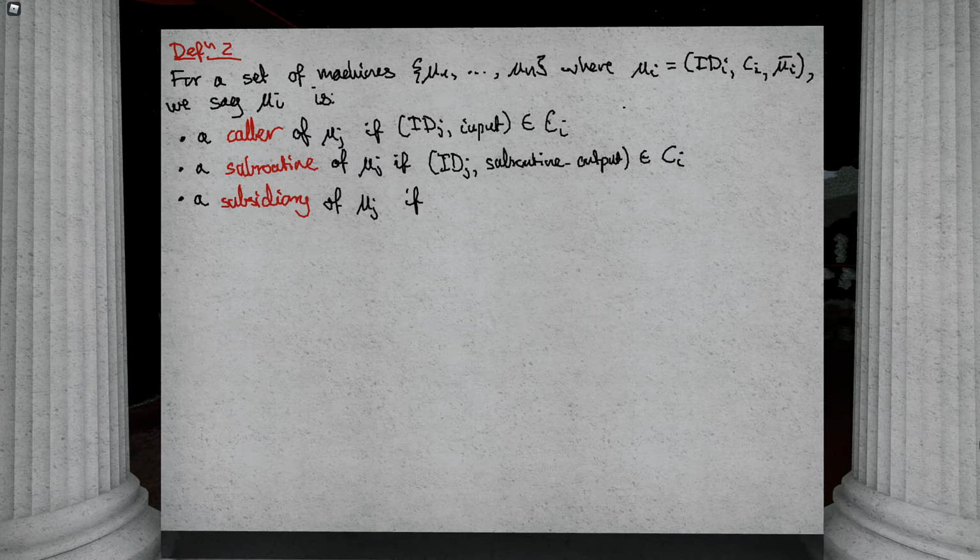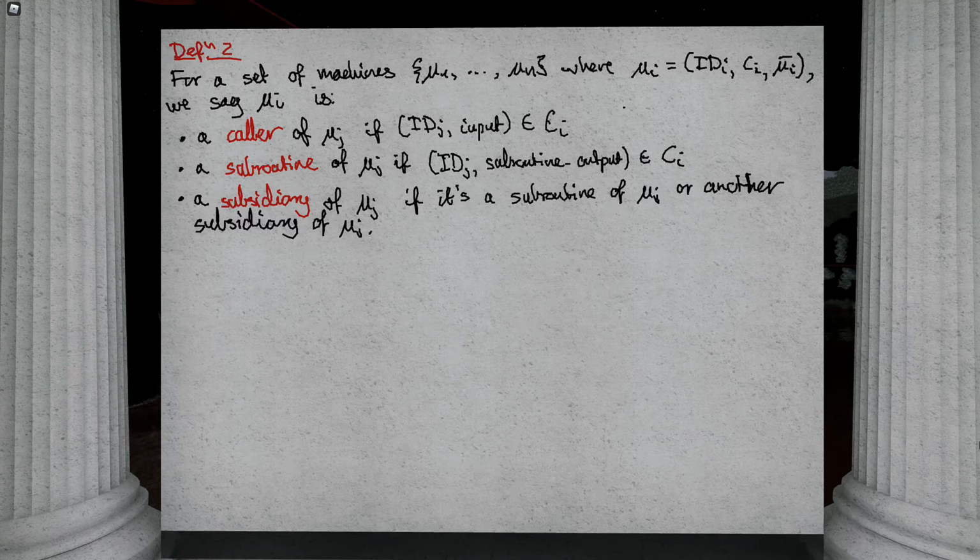So we're just doing a transitive closure and calling that a subsidiary. Subroutine of mu-j or another subsidiary. So we have some picture like this.